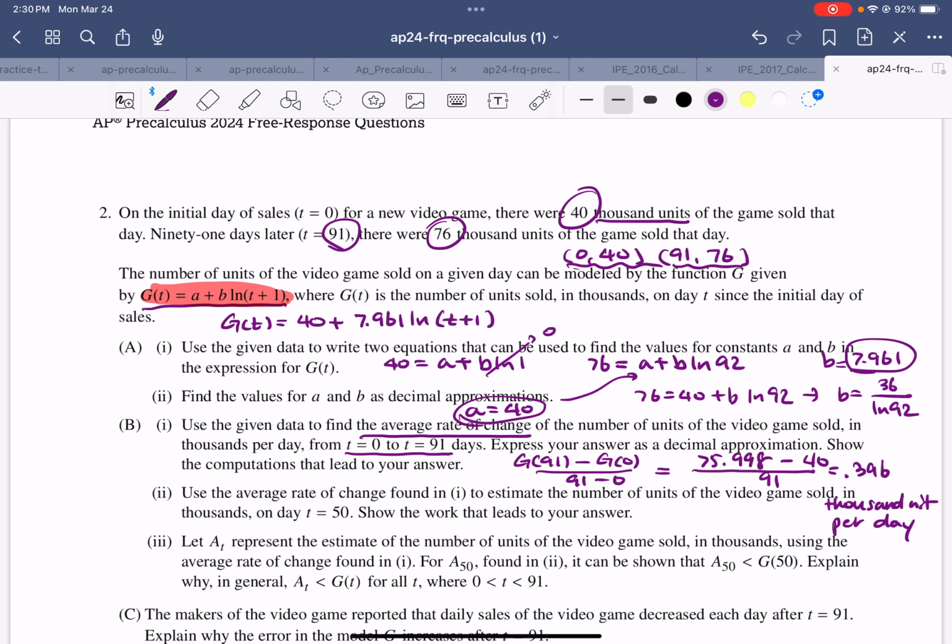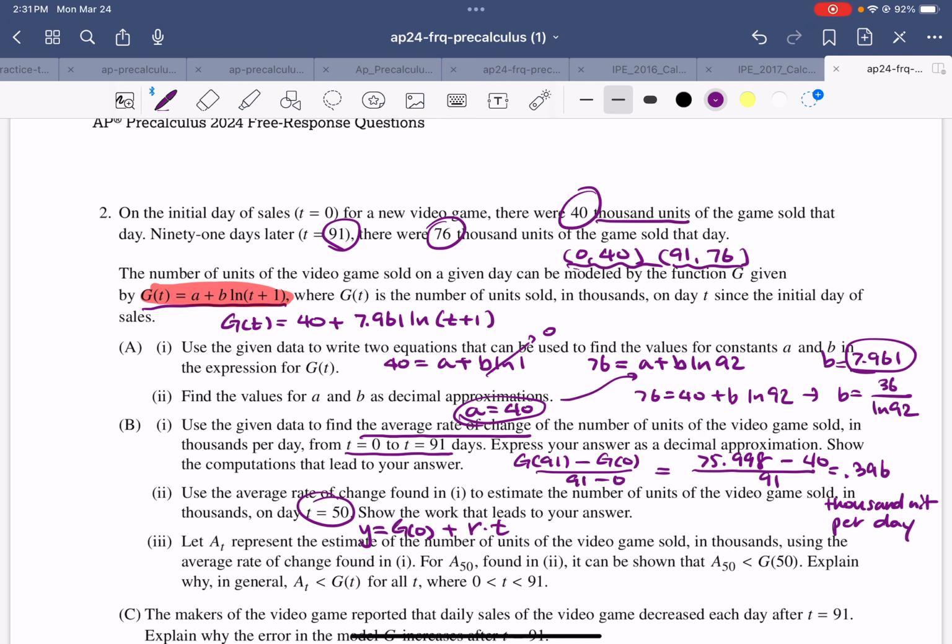Now use the average rate of change found in part i to estimate the number of units of the video games sold, in thousands, on day t equals 50. Show your work. The way you do it is use this equation: y equals your initial g of 0, plus your average rate of change r times the number of days.